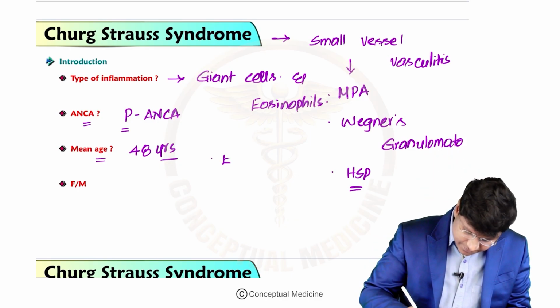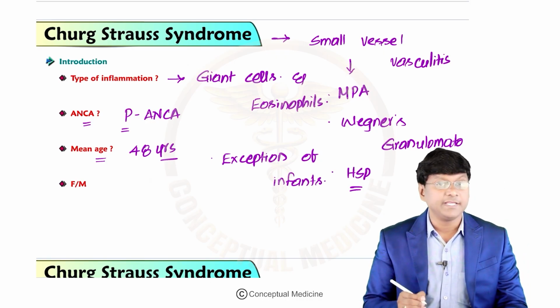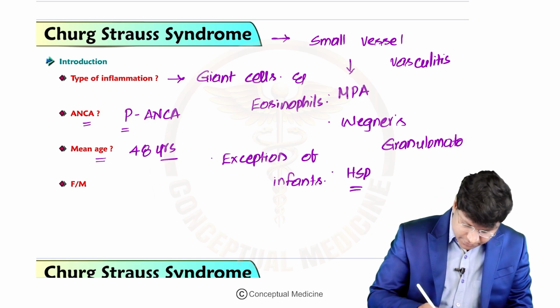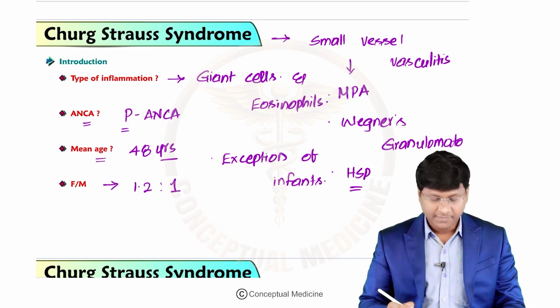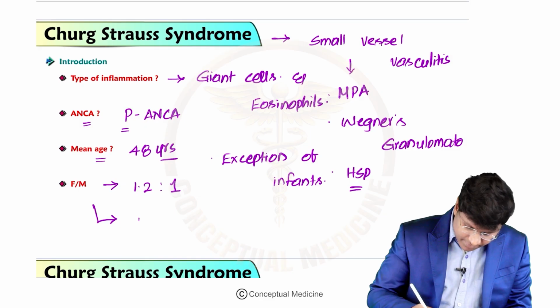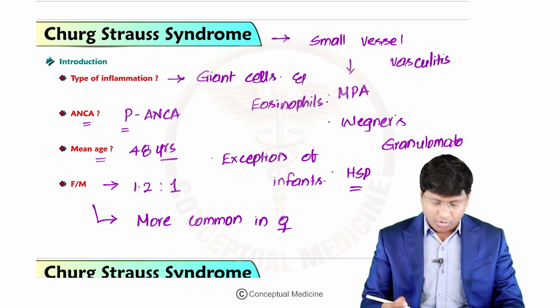The female to male ratio is around 1.2:1, so it is more common in females.